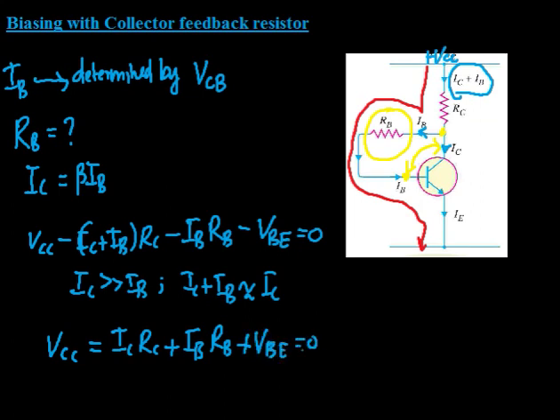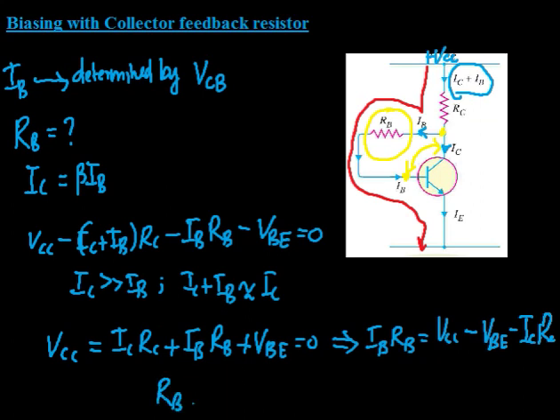Now from this equation we need the value of RB, so IBRB is equal to VCC minus VBE minus ICRC.